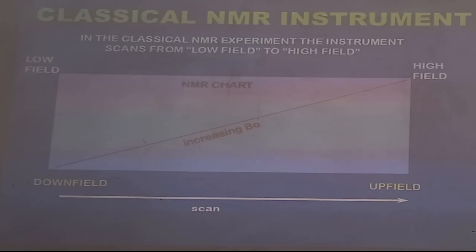But what we have done is that we keep the radio frequency transmitter at a fixed frequency. So when you keep it at a fixed frequency, it means that you have to take your protons, which are the radio frequency receivers in this case, to exactly the same value of the frequency at which your radio frequency transmitter is radiating.